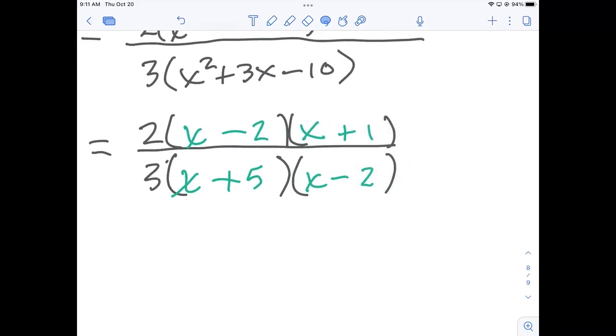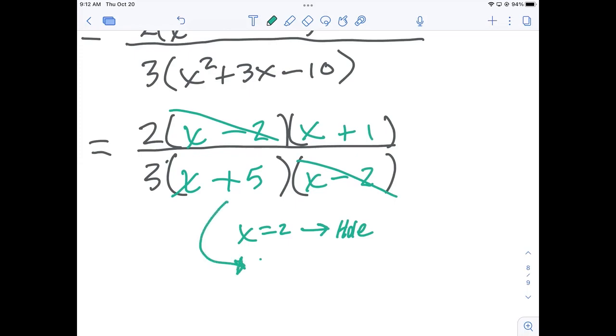So here's what we do. Breathe. Move. We're going to have ourselves a vertical asymptote.